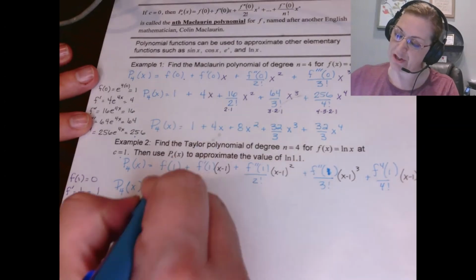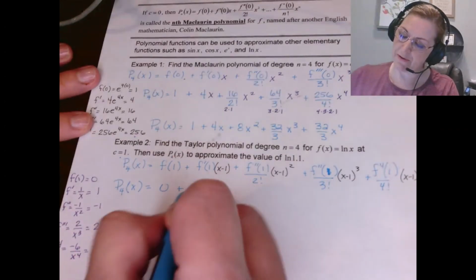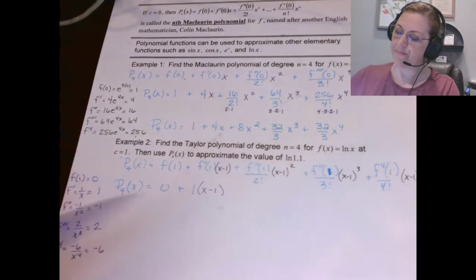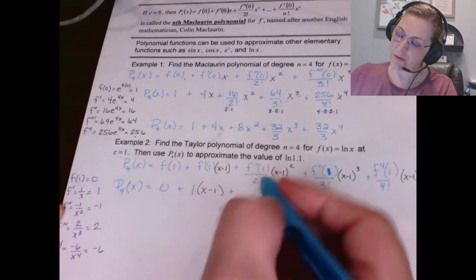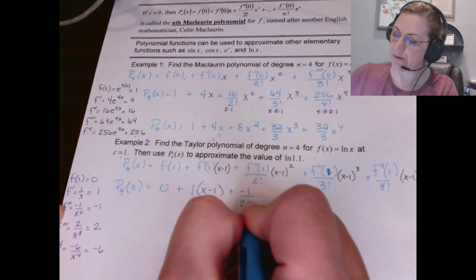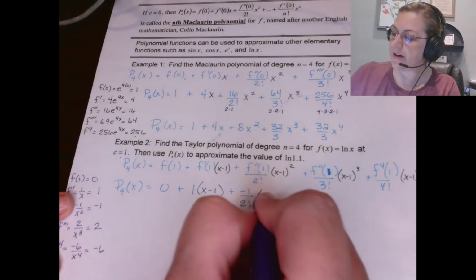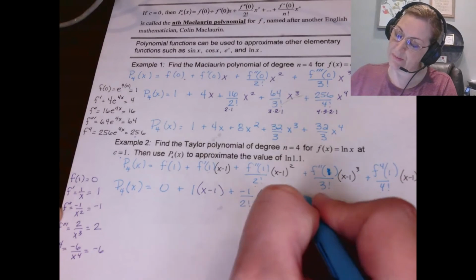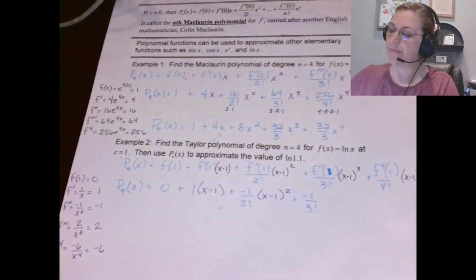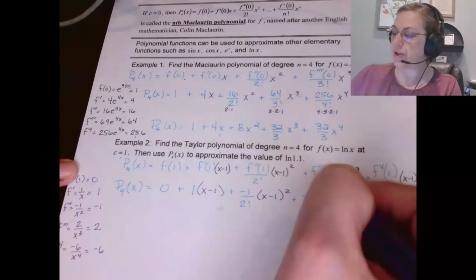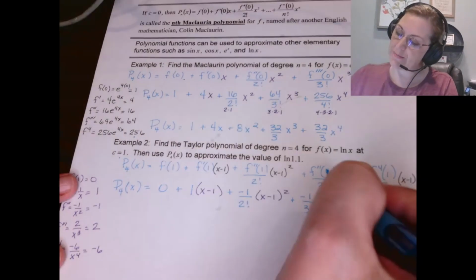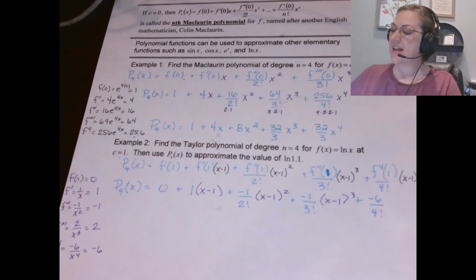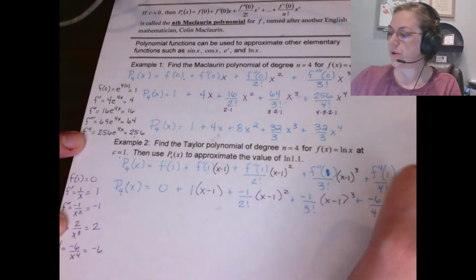I'm going to put in my function 0 plus my first derivative, which is 1 times x minus 1 plus my second derivative, which is negative 1 over 2 factorial times my x minus 1 squared plus my third derivative, which would be 2 over 3 factorial times x minus 1 cubed plus my fourth derivative, which is negative 6 over 4 factorial. And then again, we're going to multiply by x minus 1 to the 4th.